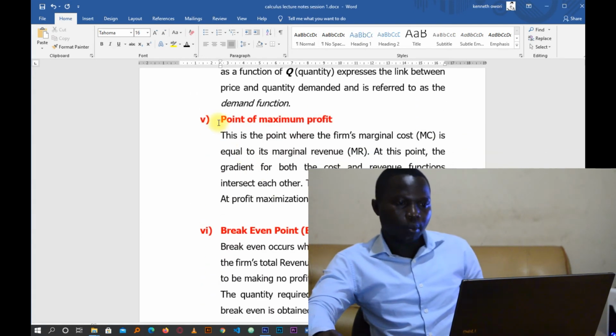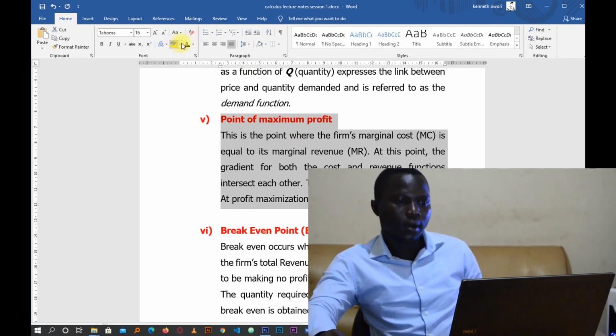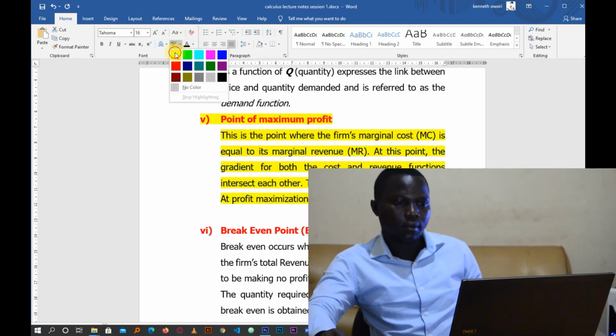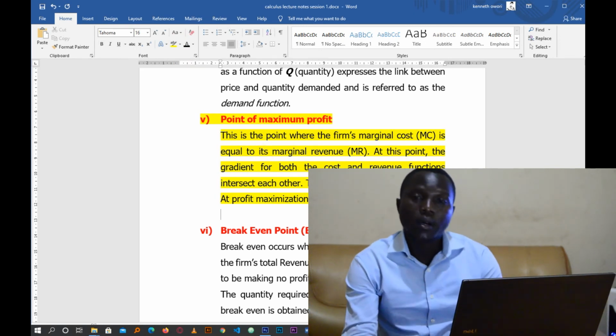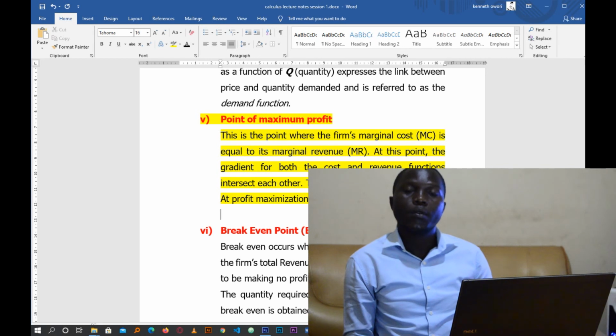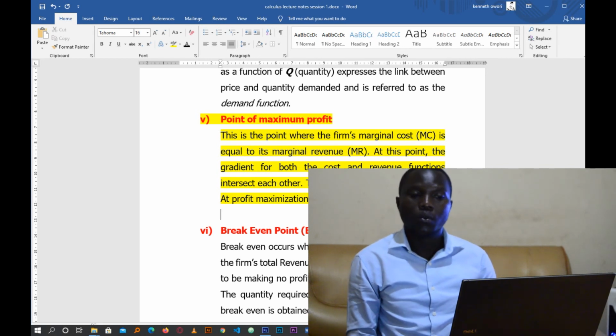Then you have a point of maximum profit. Normally, this is the point where the marginal revenue is equivalent to the marginal cost.